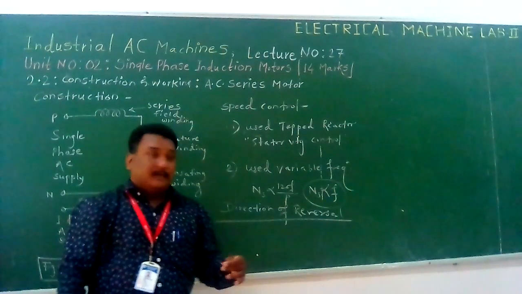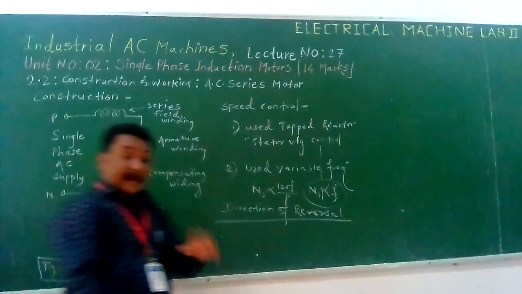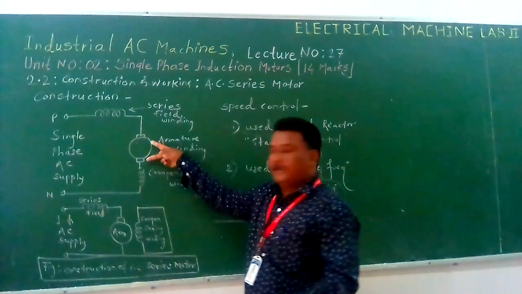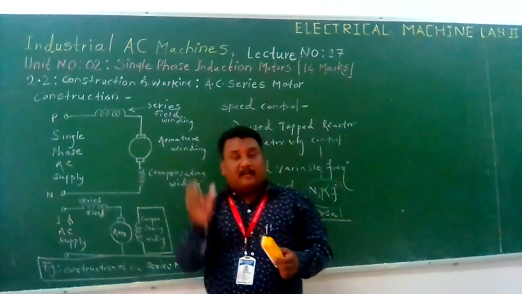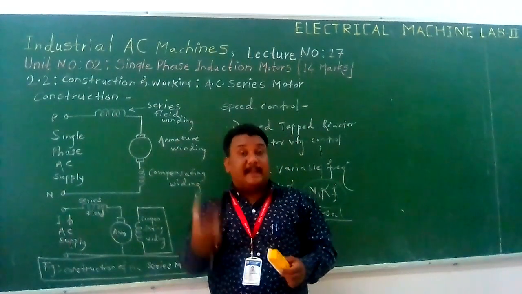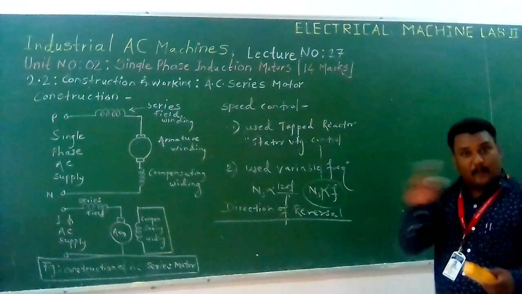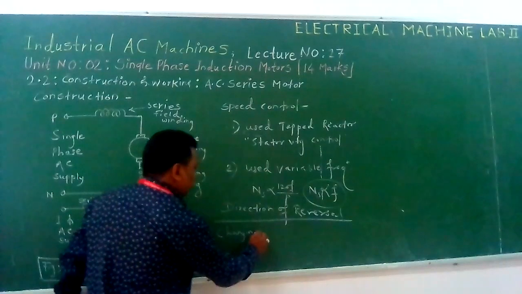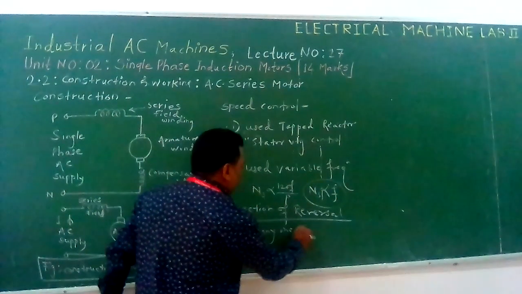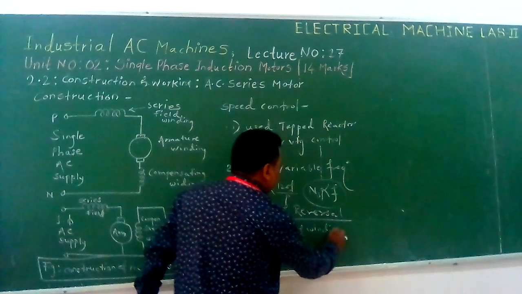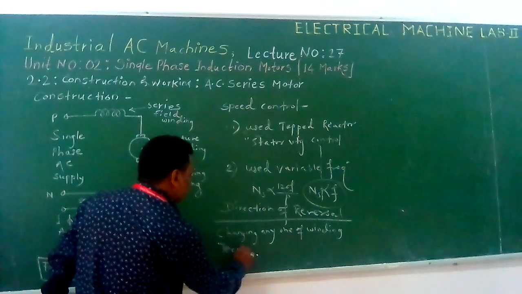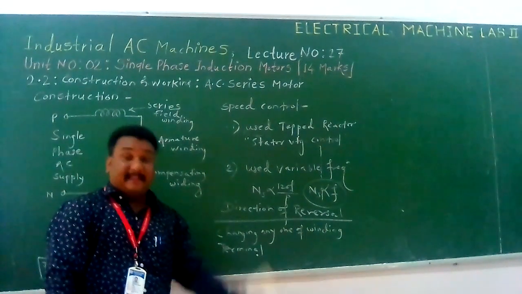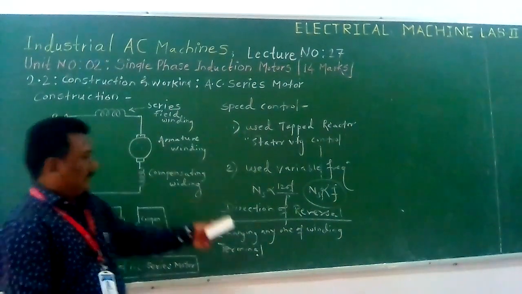If the supply terminals are changed, the direction does not change. So we have to reverse either the series field winding or the armature winding. Only when the terminals of one of the windings are reversed is direction reversal of the AC series motor possible. So this is the direction of reversal.